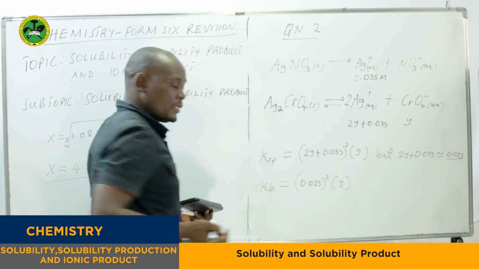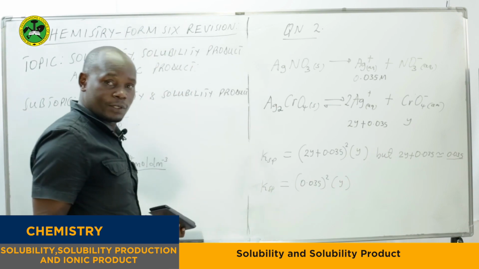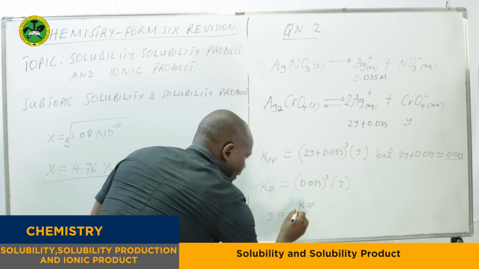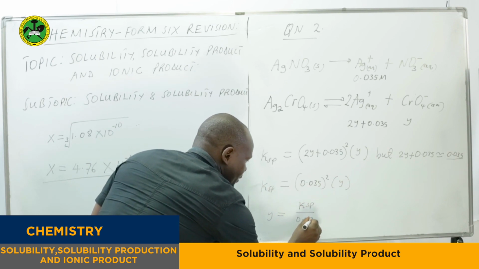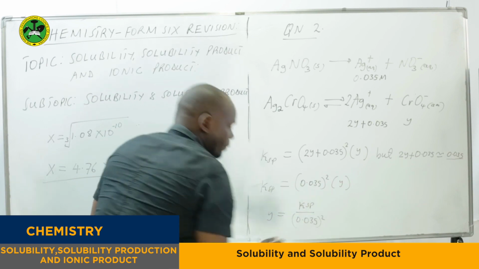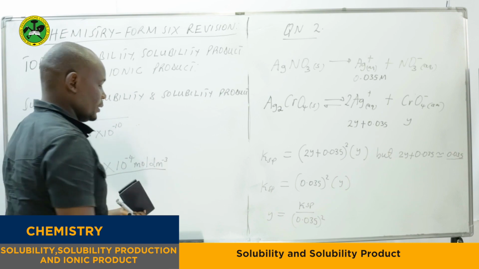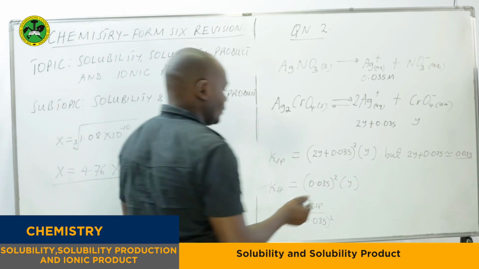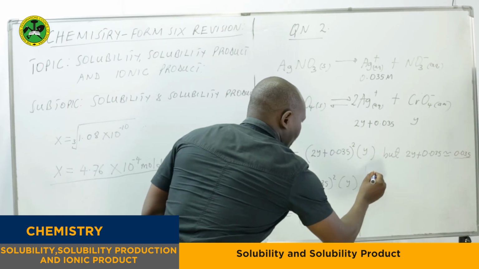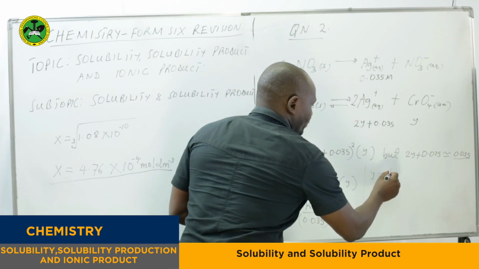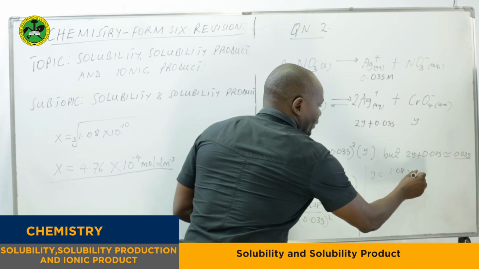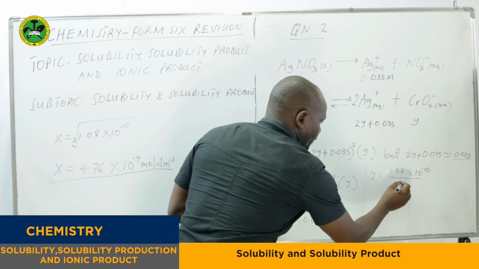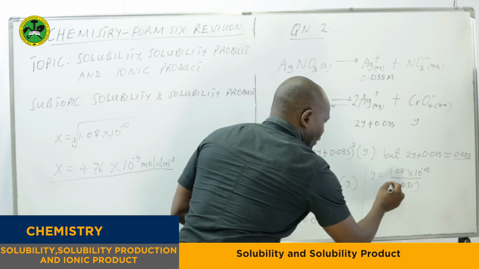We are looking for solubility, which is y now, and we have the Ksp. So y here will be equal to Ksp divided by 0.035 squared. Now use your calculator to find it. Since we have the Ksp, which is 1.08 times 10 power negative 10, then divide by 0.035 squared.